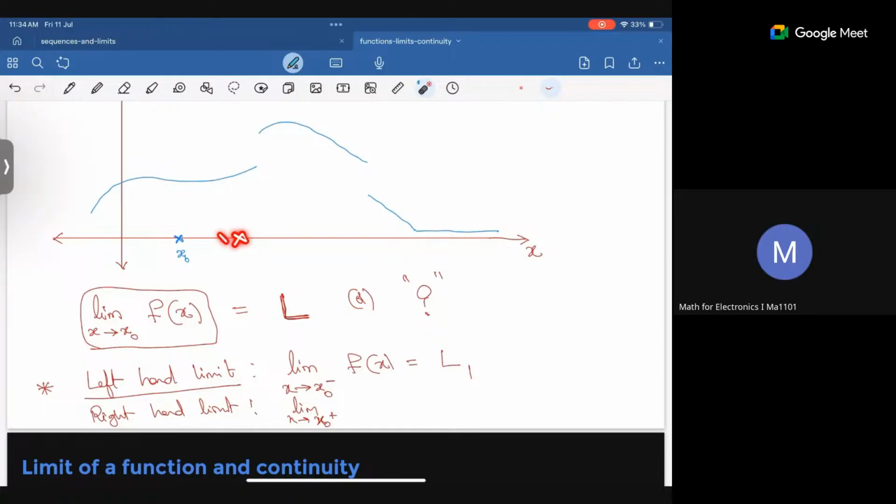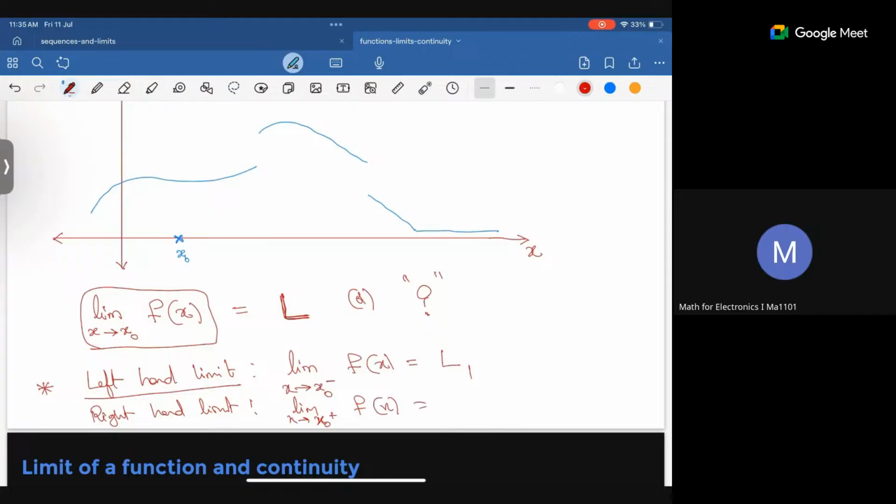These are the term values. I will start somewhere here and slowly come towards and converge to x0. I should not go this side. So I should consider a sequence that converges to x0, but from the right hand side. That is what right hand limit means. So what will happen to the function?